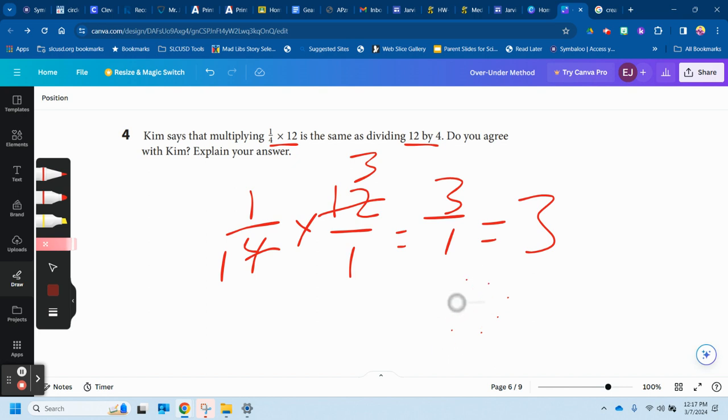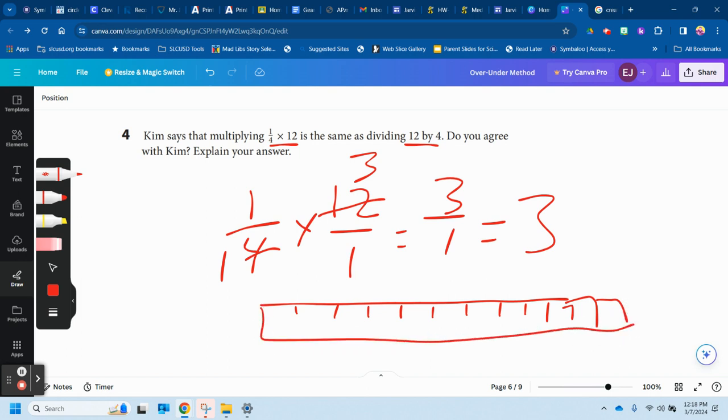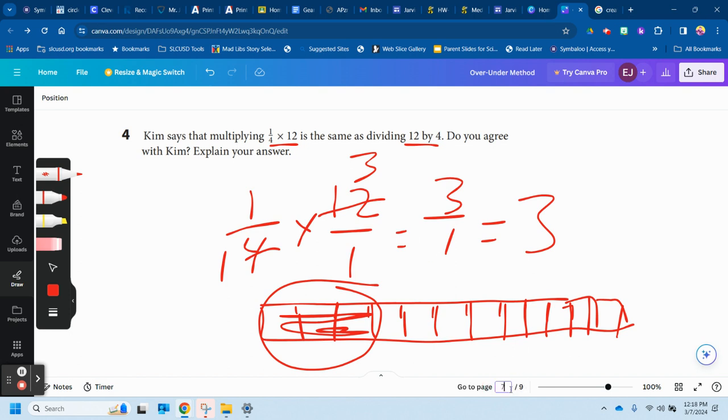If I had something with 12: 1, 2, 3, 4, 5, 6, 7, 8, 9, 10, 11, 12. 1/4 would be 3 of the pieces. So it's the same as dividing. I have groups of 3. So it is the same thing, and you can draw a picture to kind of show that.